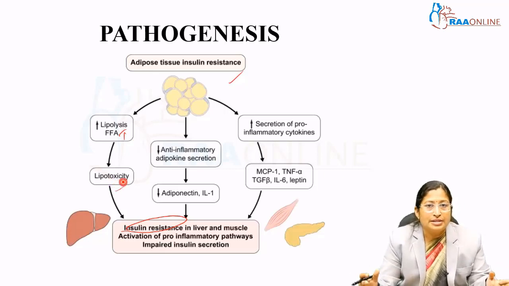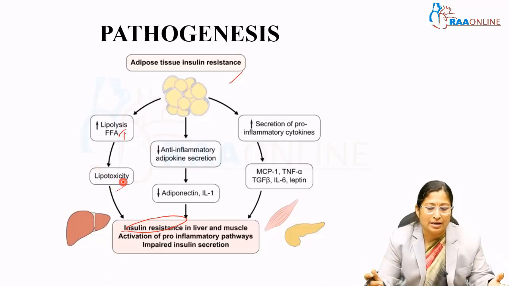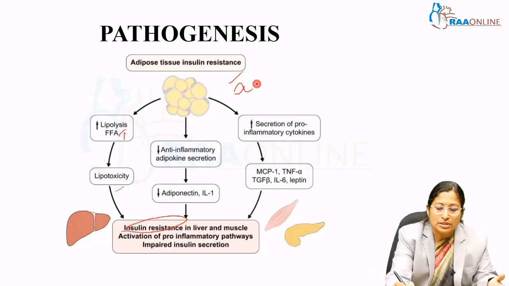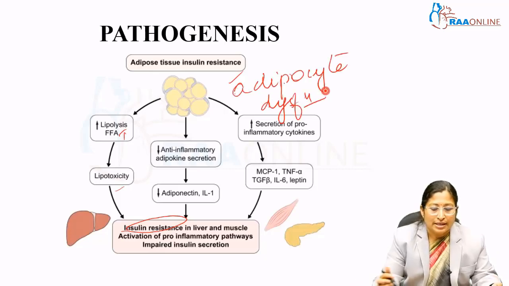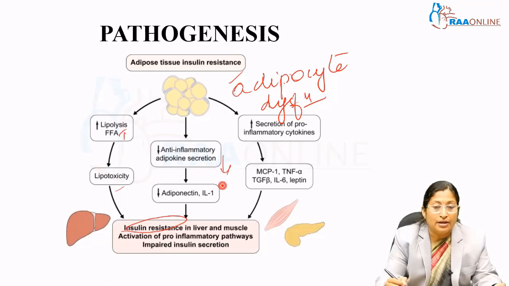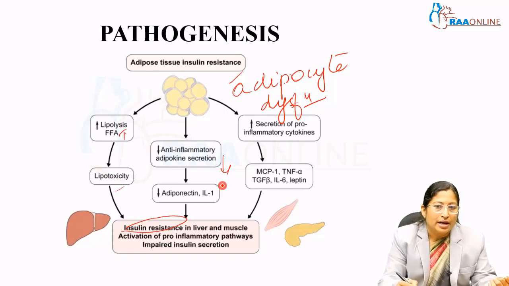Another important factor is that, because of insulin resistance or obesity or other genetic factors, there is also adipocyte dysfunction. So what happens because of adipocyte dysfunction? There is decreased anti-inflammatory adipokine secretion. What are the anti-inflammatory adipokines? Adiponectin and IL-1.